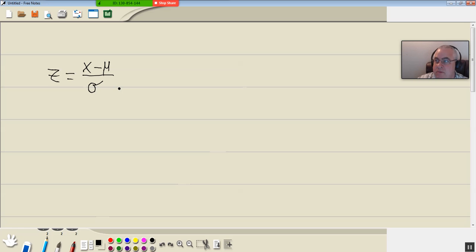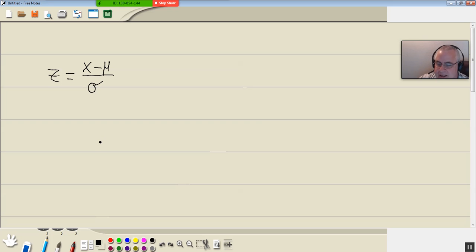You can just use your Excel functions to do that. But they may ask you maybe who did better on a test, for example. And by changing them to a z-score, you can then compare the z-scores.